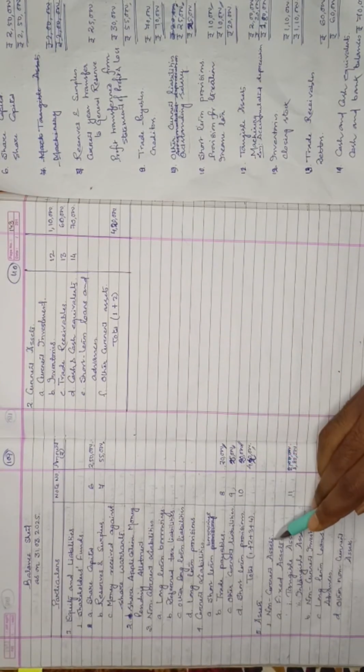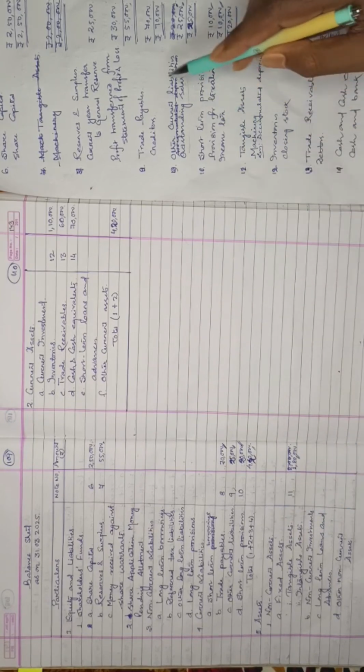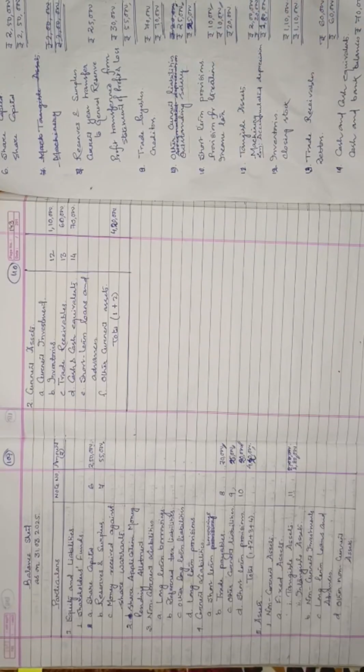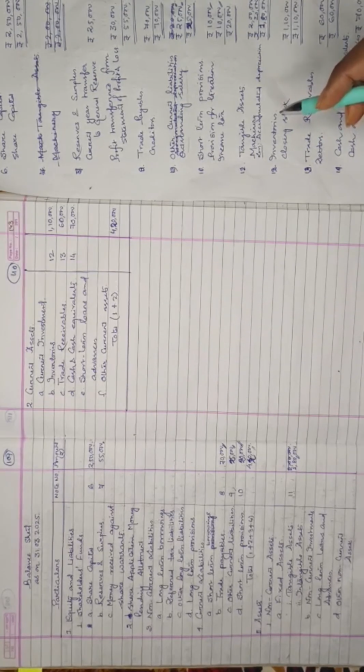Now coming to the asset side. Non-current assets, number one is fixed assets, tangible assets. Tangible asset is 2 lakh, and accumulated depreciation is 20,000. You may ask, with respect to which asset is this accumulated depreciation?